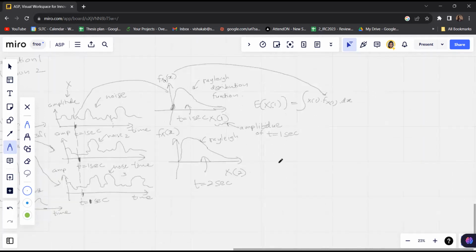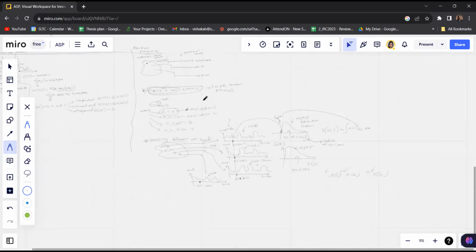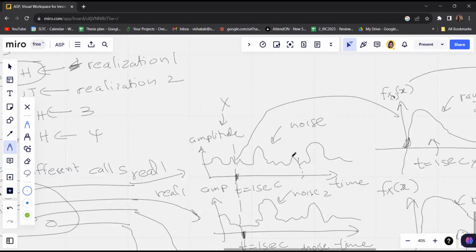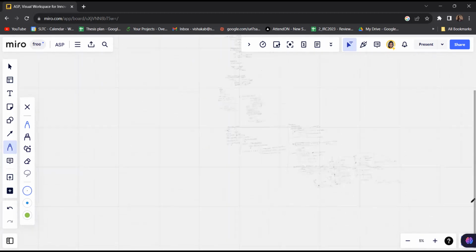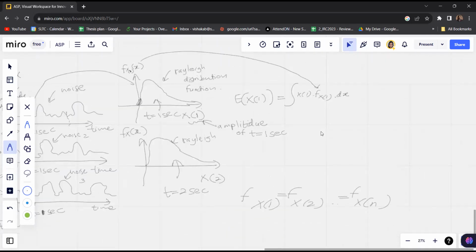So if we have the same probability density function for each of the random variables, x1, x2, up to xn, then we call such random processes stationary random processes, where the probability density functions are equal for all the random variables.